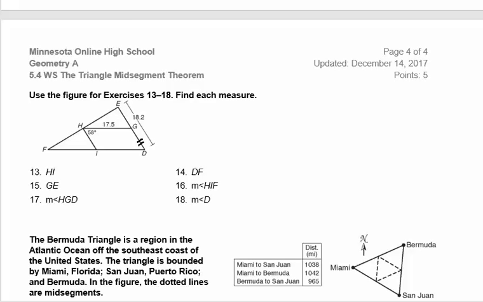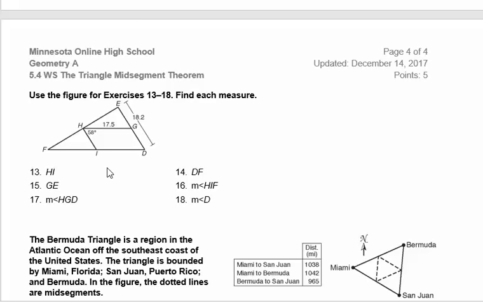So that means, and my marks are erasing, but I'll put them back, that we have this midsegment from H to I, and H to G is also a midsegment. So the midsegment is half as long as this side, so we can find FD. This piece here will be the same length as these two pieces.